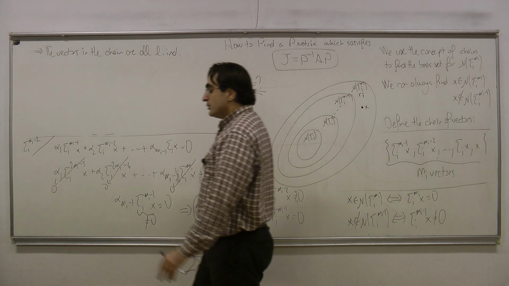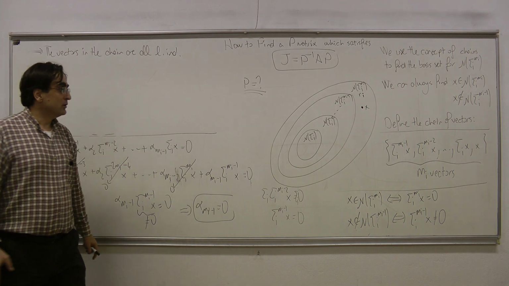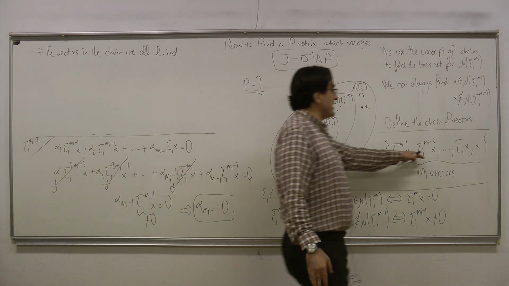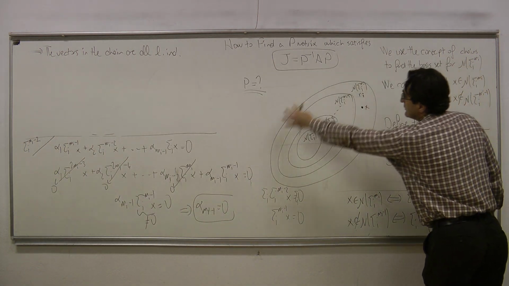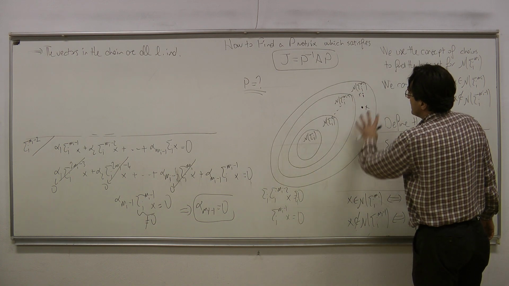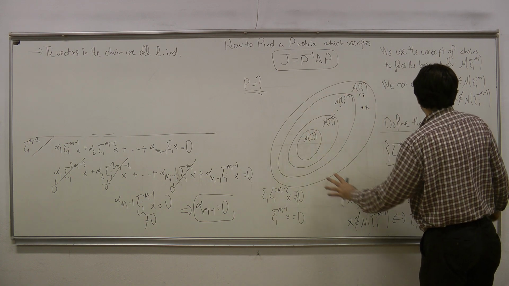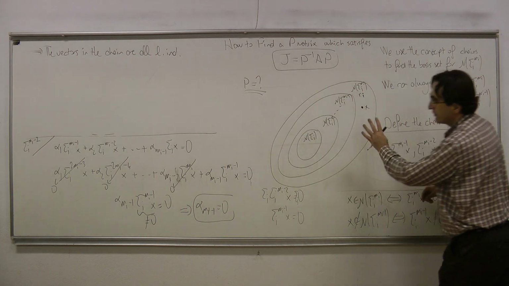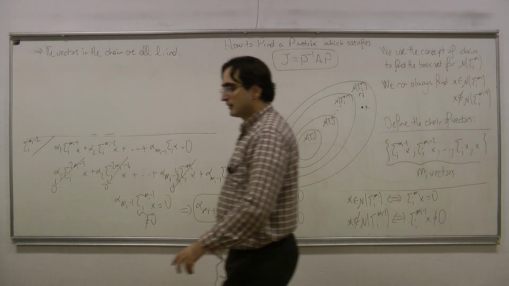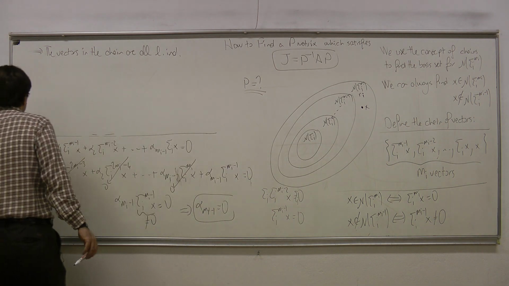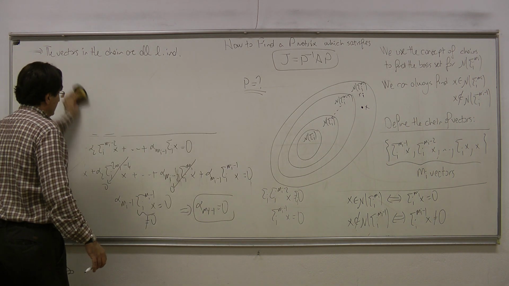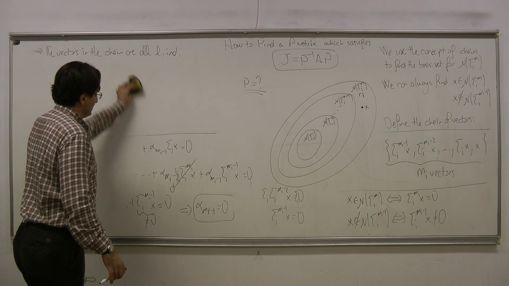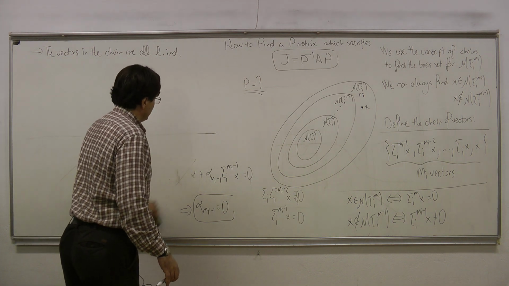Okay? So now I'm going to look at where these vectors are lying in this structure. This is my null space structure, and I'm wondering where each of these vectors is lying in this structure. And I know already where one of them is lying.